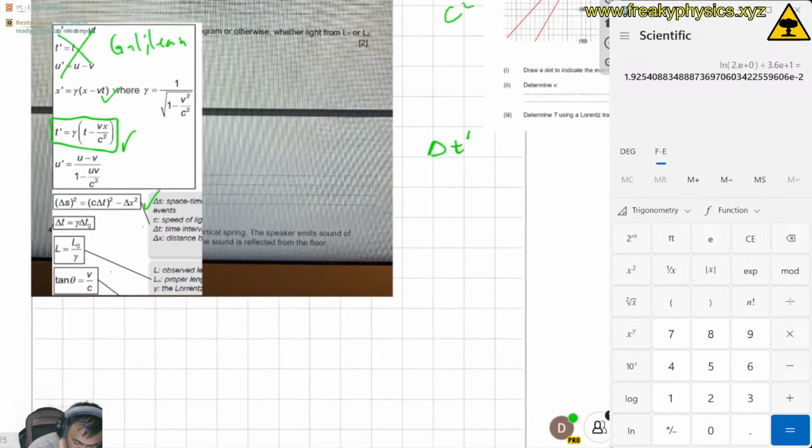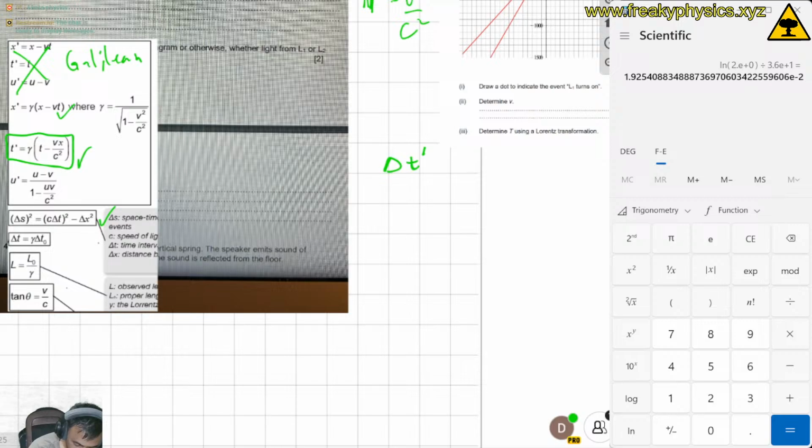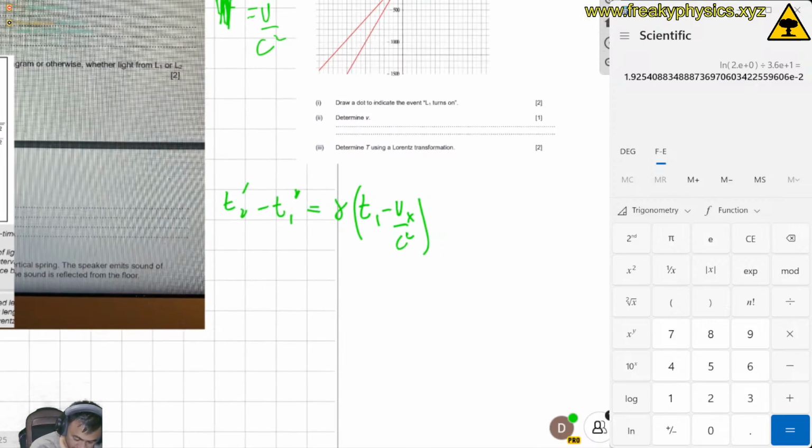If we use that formula, the gamma is still gonna be gamma no matter what the time is. I think it's better to show it the long way first. So instead of delta t, we'll do t2 prime minus t1 prime. That's gonna be easier. So our t2 prime is gamma times t2 minus vx2 over c squared, and then we subtract the one for t1.